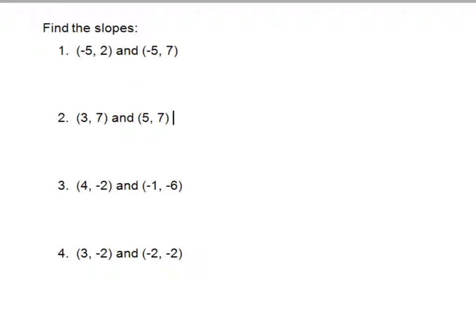All right, so we're going to find the slopes of these lines. I'm going to go through this pretty quickly because I'm about to run out of battery. So, hang with me. 7 minus 2 over negative 5 minus a negative 5, that would be 5 over 0. That is an undefined slope.